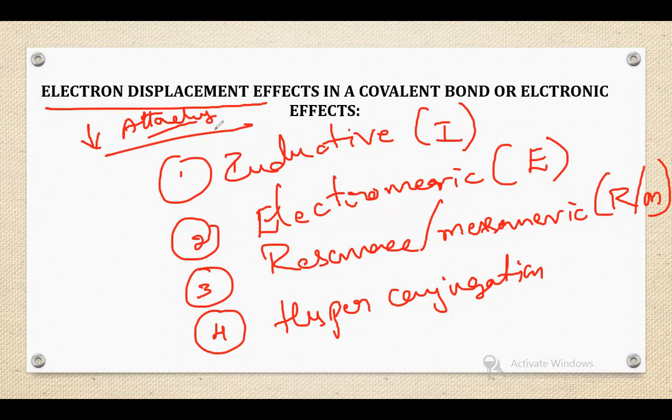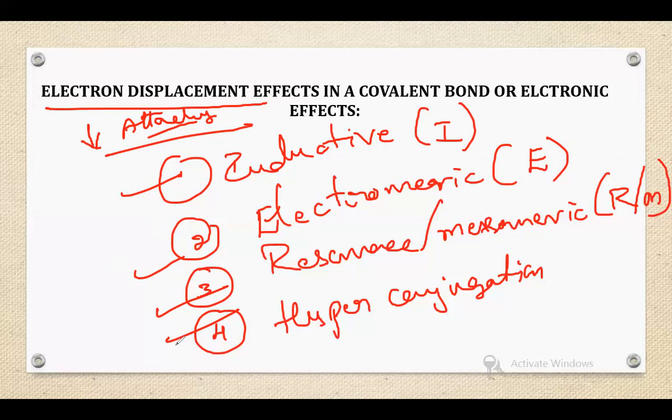So displacement of an electron is divided as inductive effect, electromeric effect, resonance effect, and hyperconjugation. There will be different kinds depending on whether the attached group is electronegative, where the attacking group is attached, more or less electron density, or delocalization of pi electrons.